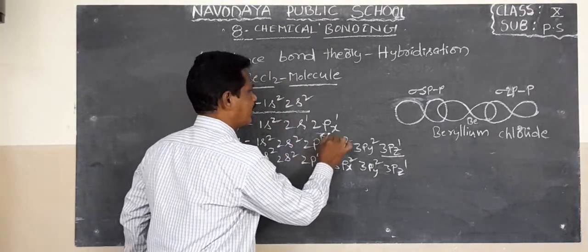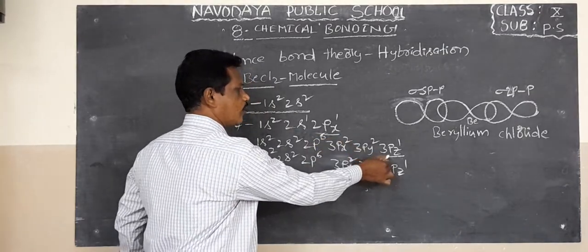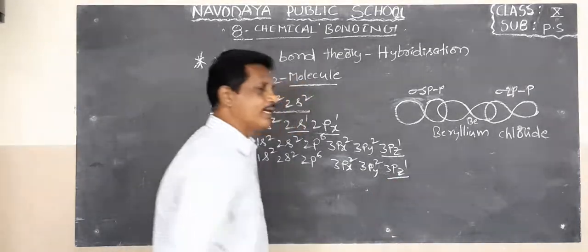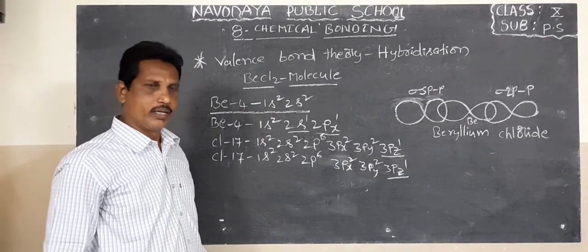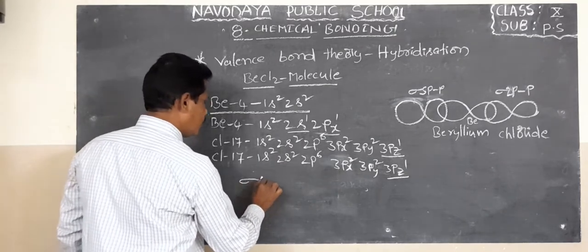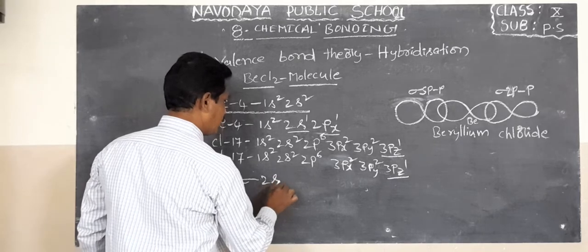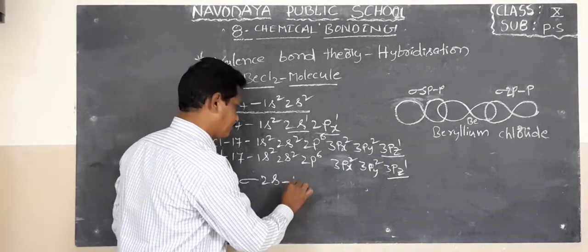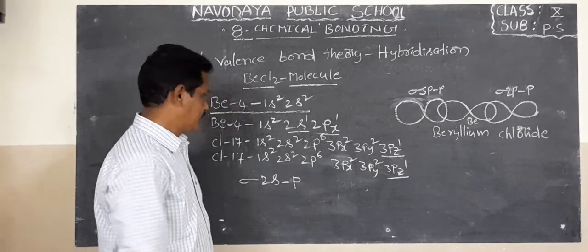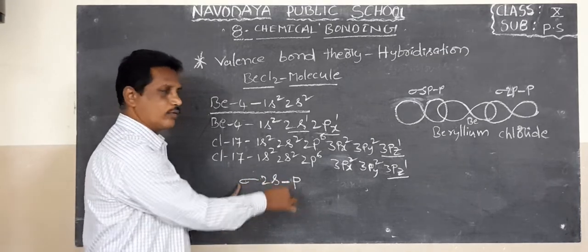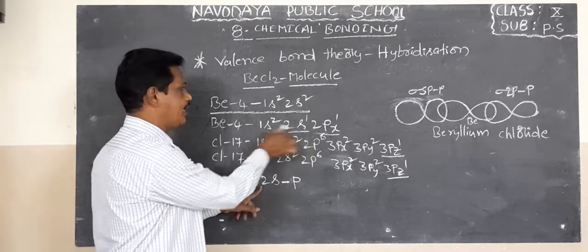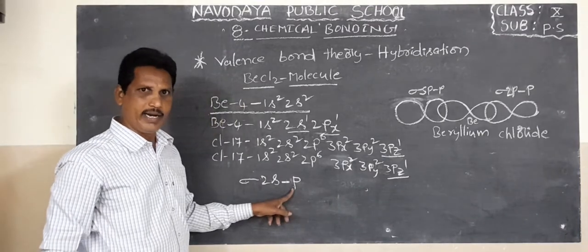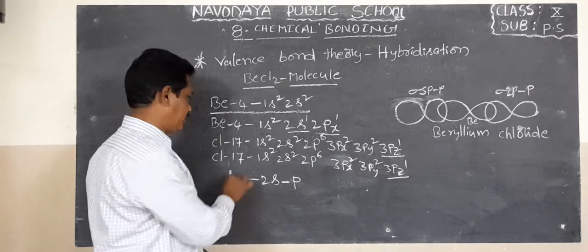This is a sigma bond, a single covalent bond. And the 2px orbital of beryllium overlaps with the 3pz orbital of the other chlorine atom.